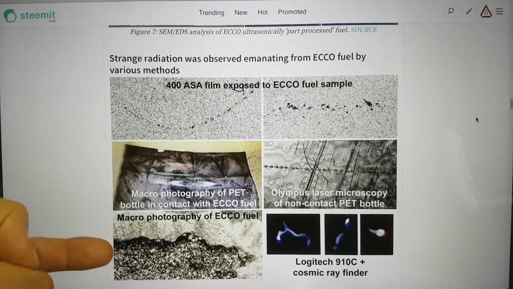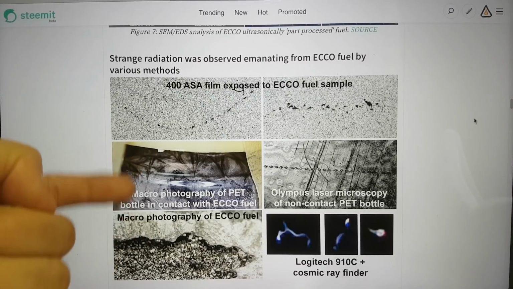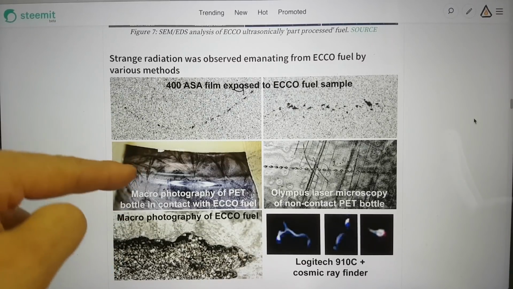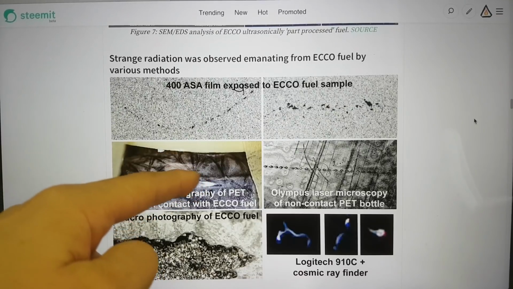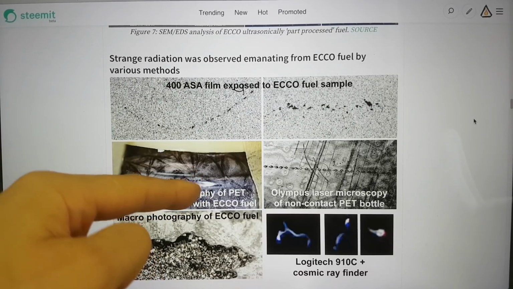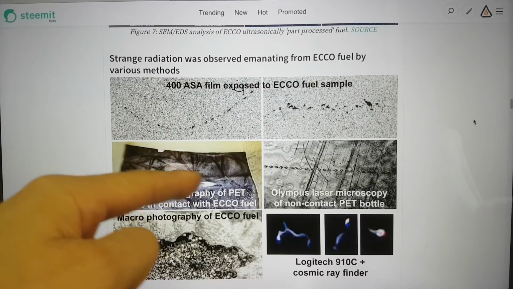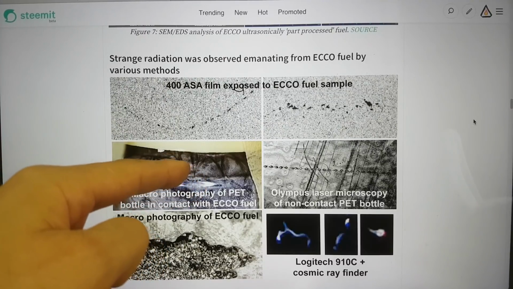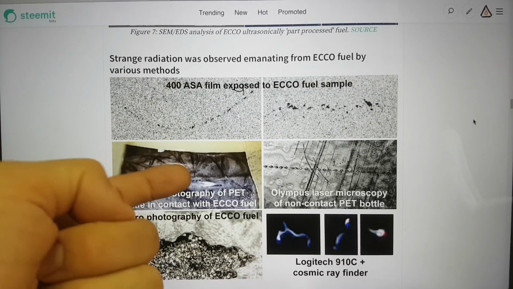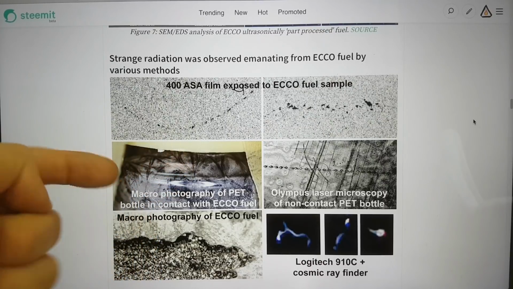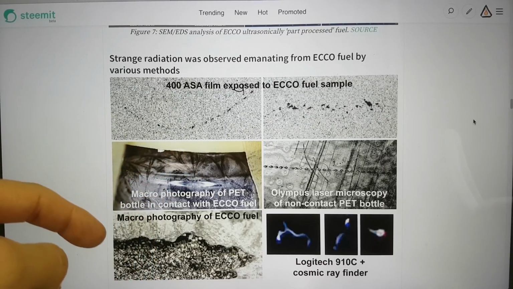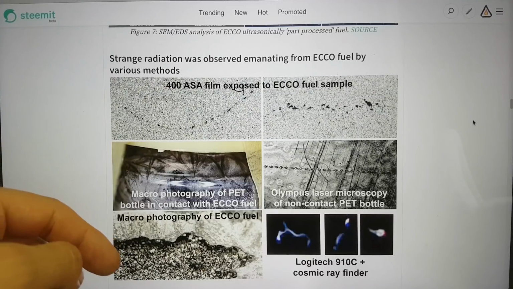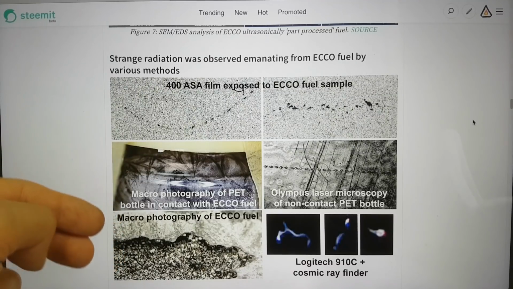This was actually the fuel when it was taken out of the PET bottle, and where these tracks had gone, the caustic nature of some of the fuel elements had etched its way through, and it was incredibly brittle, as we showed in a different picture previously in the year.